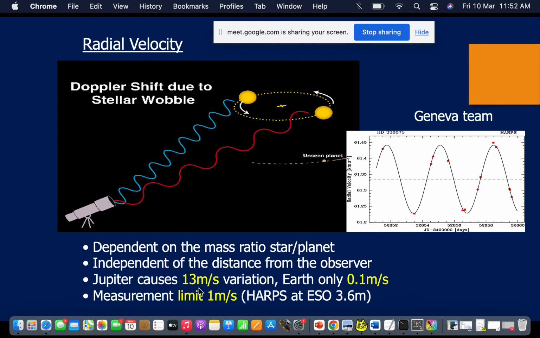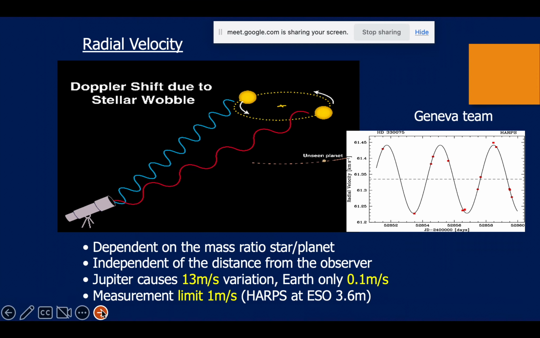But for example, the HARPS instrument, on the VLT at ESO, can measure down to a limit of about 1 meter per second. And therefore, with the HARPS spectrograph, you can actually measure Jupiter-like planets which have these kinds of variations, right? And this is exactly what was done by a group.